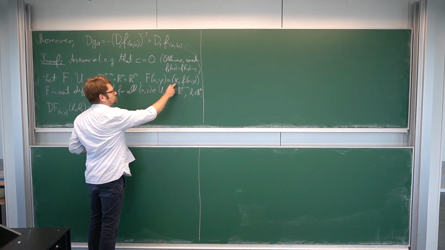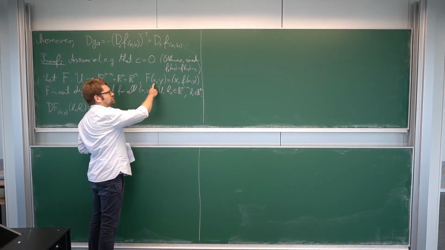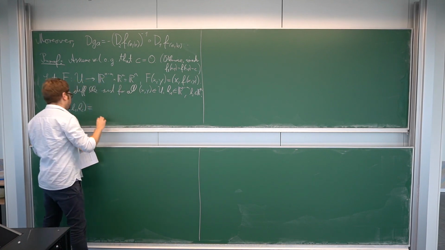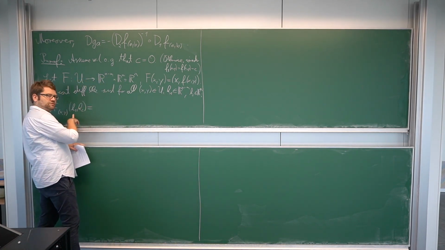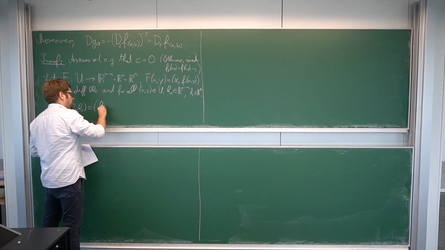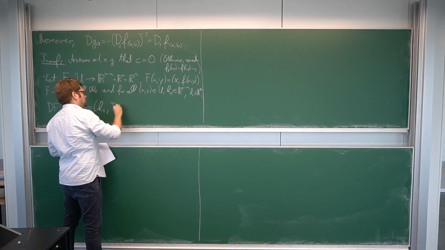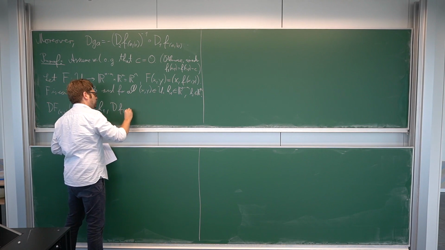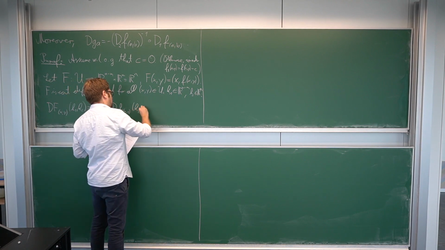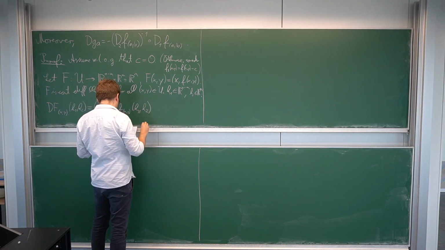The first component corresponds to just a projection, so its derivative would be h1. And in the second component we would have df in (x, y) of (h1, h2) generally. Okay, so this is the general formula here.